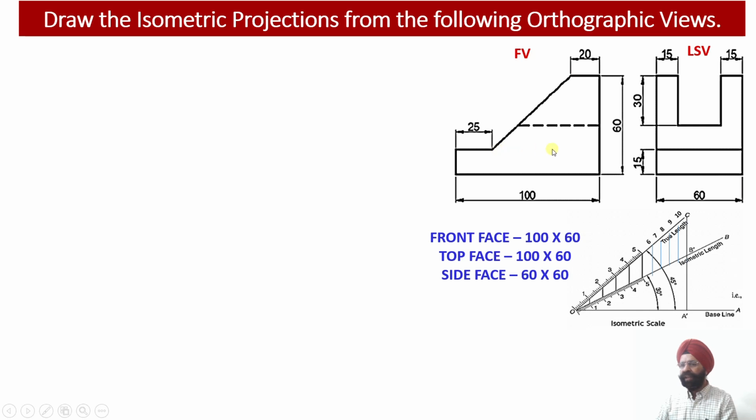And as this web is running down, in between, as you see, this distance is given to us as 15 millimeter. So the bottom portion of the solid, element 1, has a thickness of 15 millimeter, and you get 30 millimeter from the top.